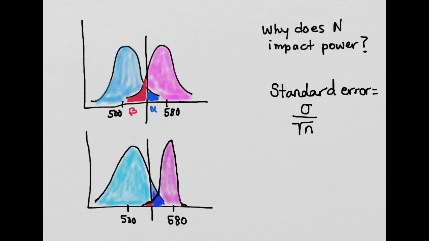And so that's how, in designing a study, you can figure out how many people you need to include in the study so that you can get adequate power, so that you know that if in fact you do reject the null hypothesis, it's likely that the alternate hypothesis is true. And so that's it for power. Good luck.